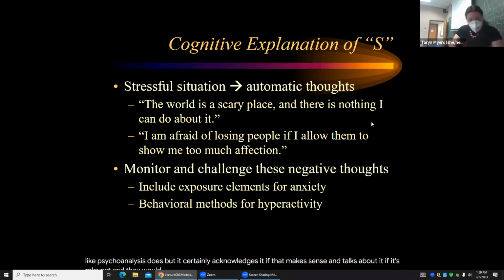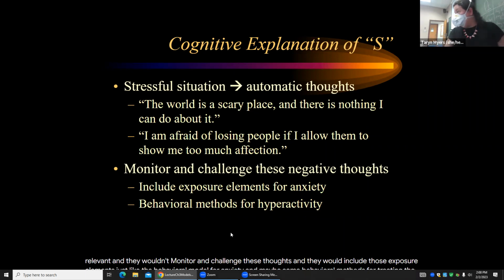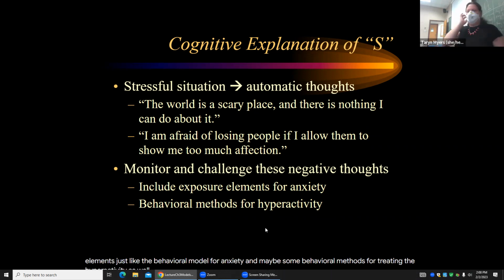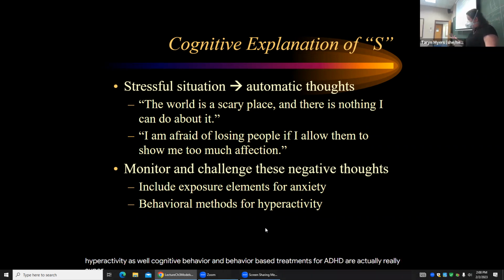They would monitor and challenge these thoughts, and they would include those exposure elements, just like the behavioral model for anxiety, and maybe some behavioral methods for treating the hyperactivity as well. Cognitive behavior and behavior-based treatments for ADHD are actually really super effective.